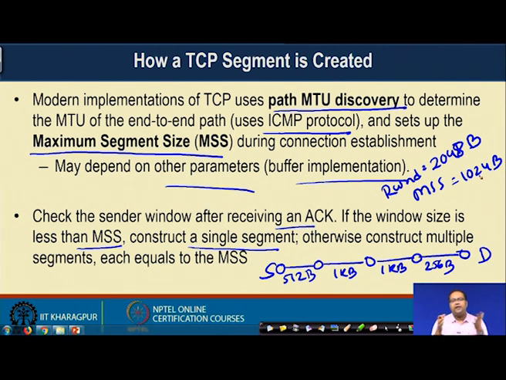That way, dynamically, the segment size is adapted based on this mechanism, by looking at the receiver advertised window, the maximum segment size, as well as the amount of data in the sender buffer. It may happen that the sender buffer has only 10 bytes of data.